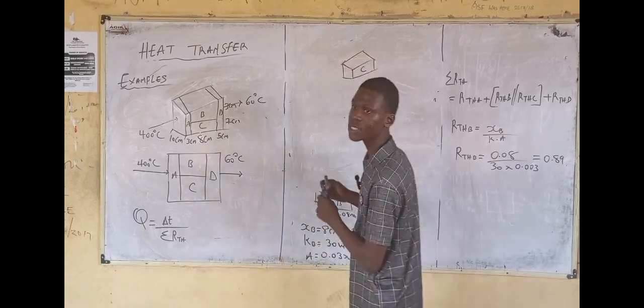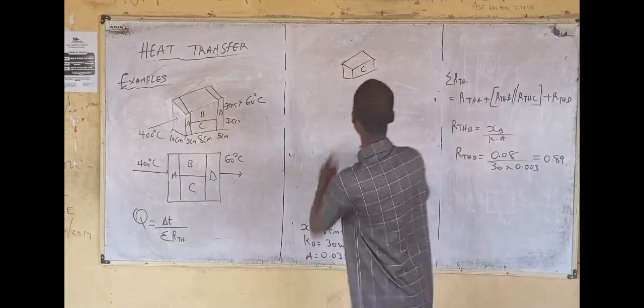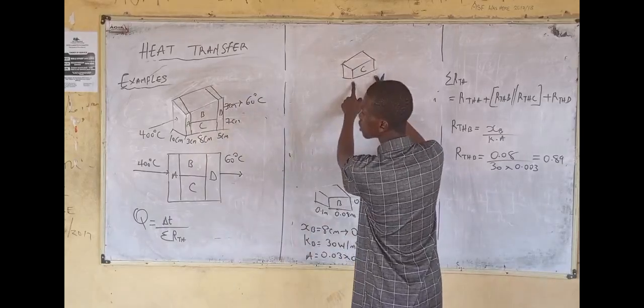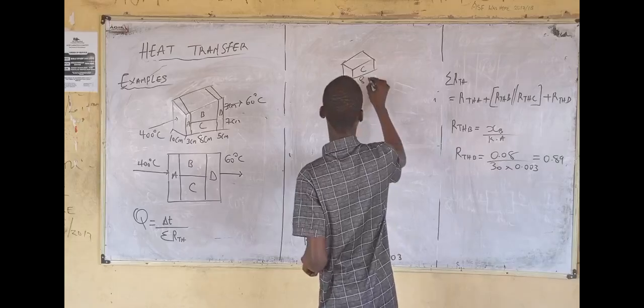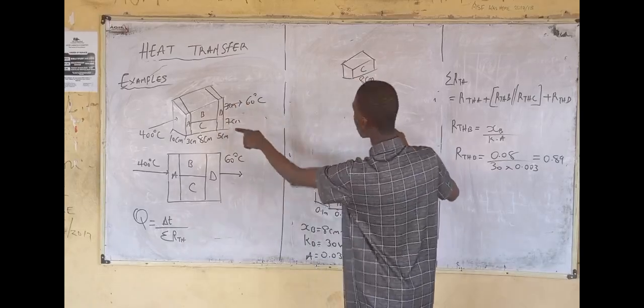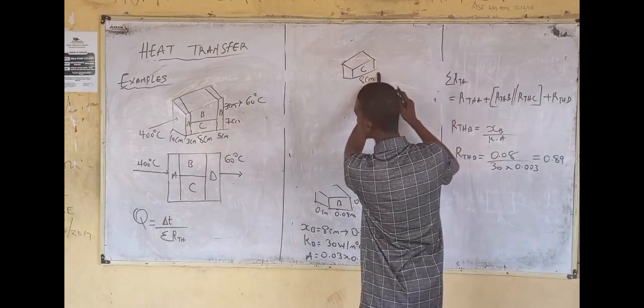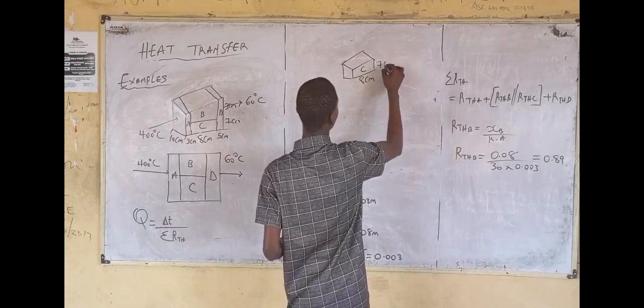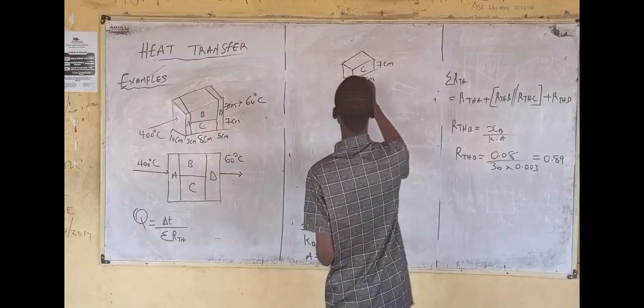This is wall C, right? From this composite wall, from here to here is 8 centimeter. Considering wall C, from here to here is 7 centimeter.